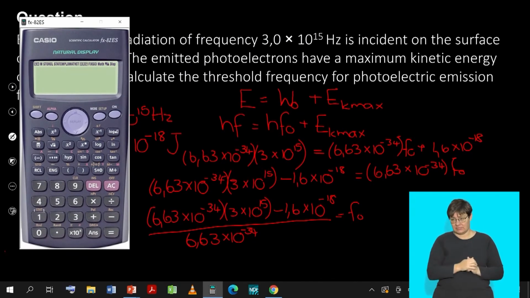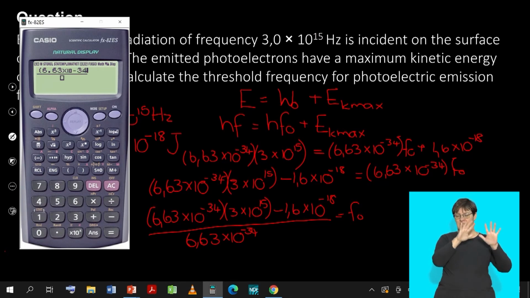So the top of my fraction, in fact, I'll use the fraction for you. So there we go. We've got 6.63 to the minus 34 times 3 to the 15 minus 1.6 to the minus 18. So that's the top part of my fraction.